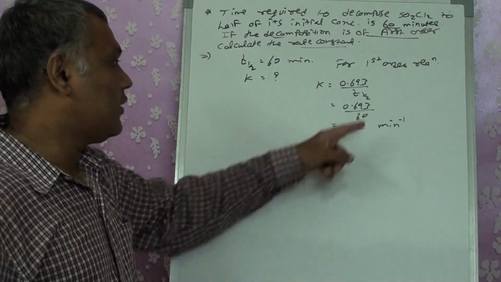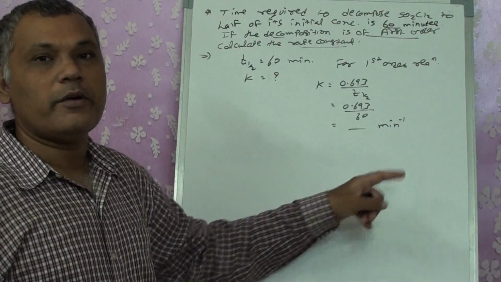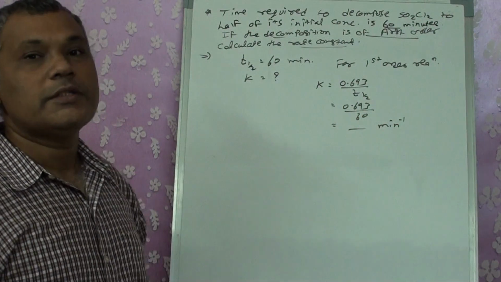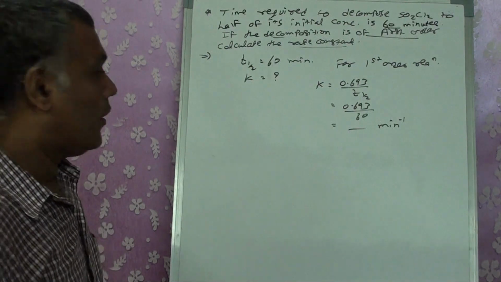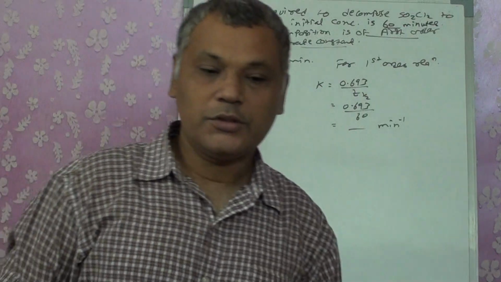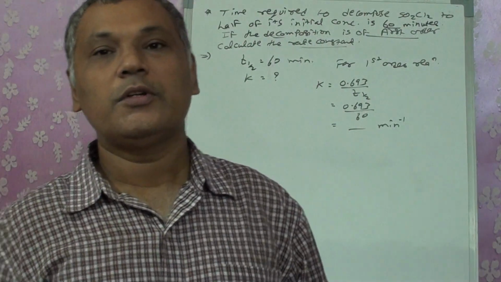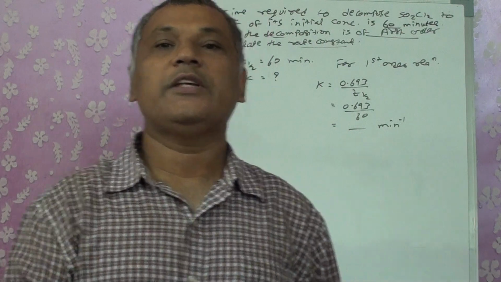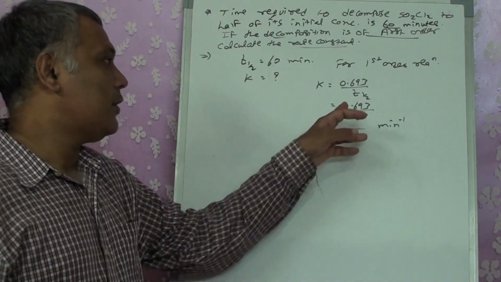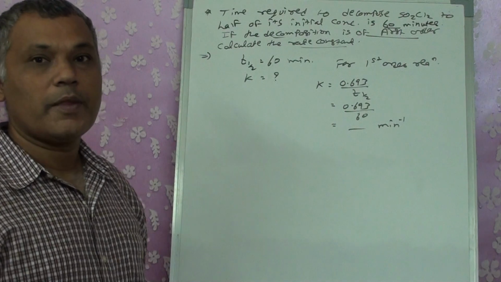If it is in seconds, I will have to multiply by 60 and then put the unit as second inverse. So a question can be like that for you: calculate the rate constant in units of second inverse, minute inverse, days inverse, or maybe hour inverse. Accordingly the formula has to be used.